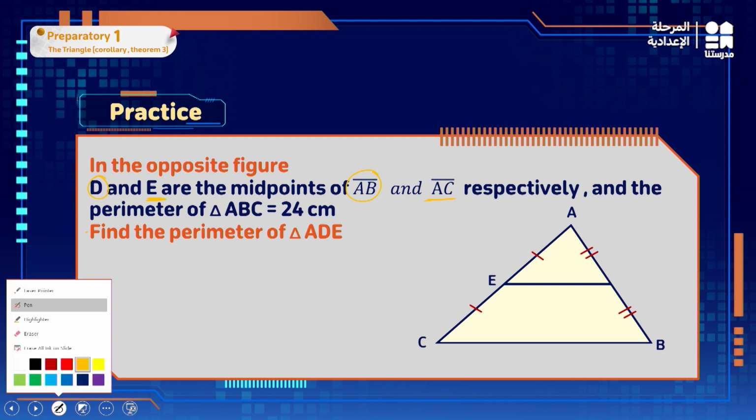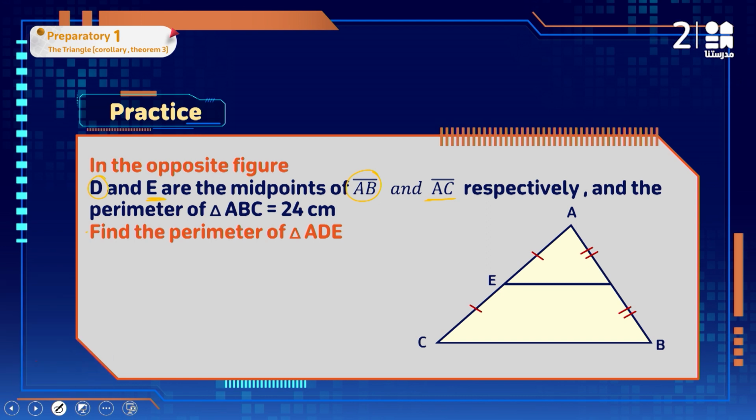Here, A, B, C, the perimeter of it equals 24. And here we have this point D on AB. Find the perimeter of triangle ADE. We need the perimeter of this one.